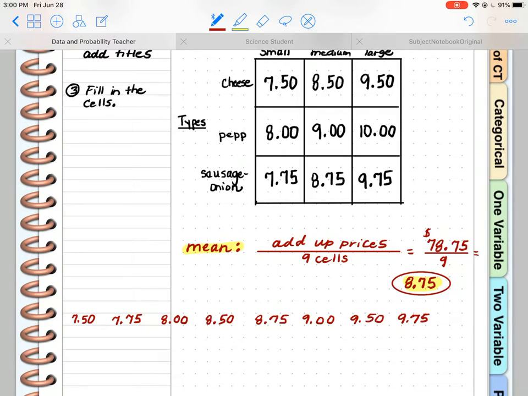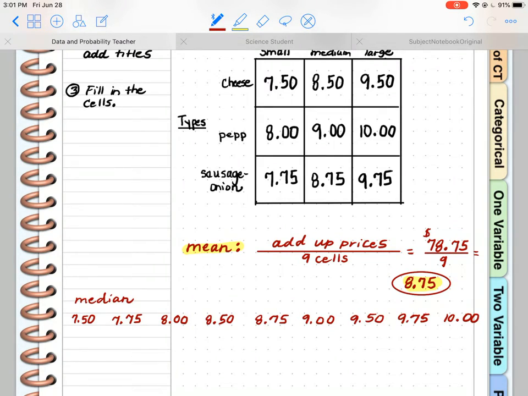$9.75, and $10. And let me count them to make sure I have all 9 choices. 1, 2, 3, 4, 5, 6, 7, 8, 9. And we do. Median is in the middle.